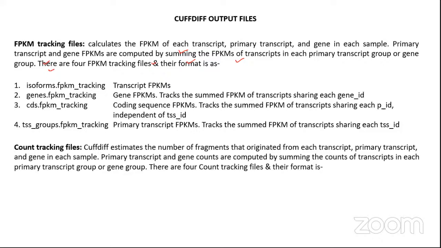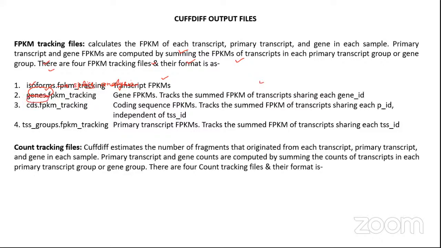Primary transcript and gene FPKMs are computed by summing the FPKMs of transcripts in each primary transcript group or gene group. There are 4 FPKM tracking files and their format is as follows. So it will give you the isoform file, which you can use to know the splicing. If somebody would like to do the splice analysis, this file can be used.